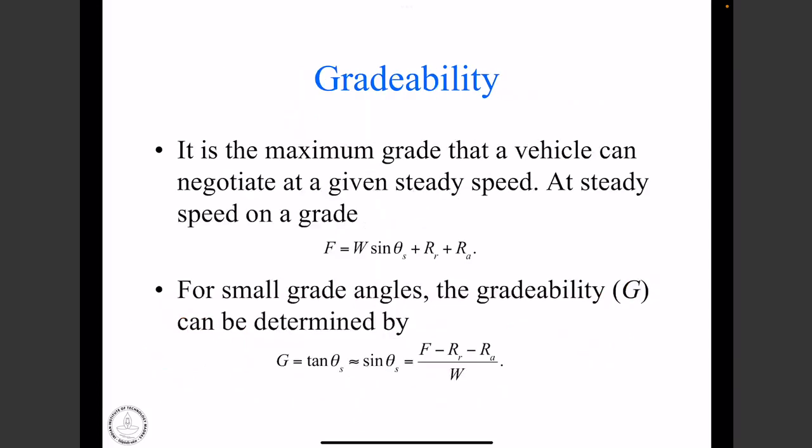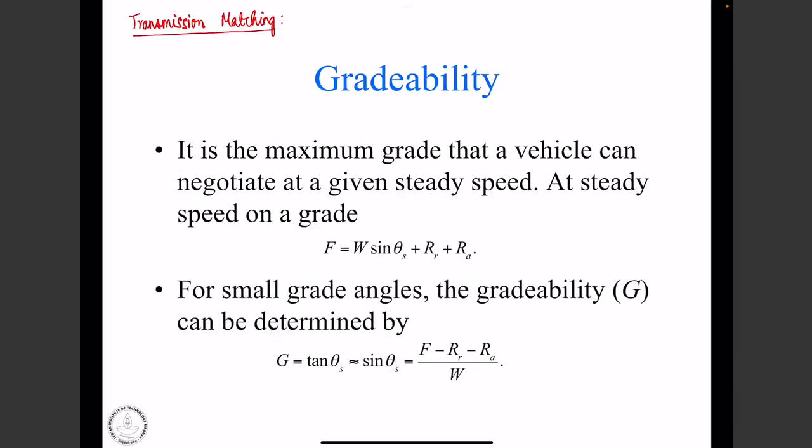The last concept that I want to talk about in longitudinal dynamics is that of transmission matching. What is this transmission matching? This involves calculating the first cut values of gear ratios, based on certain performance specifications.